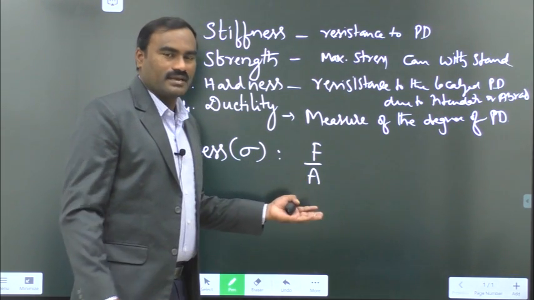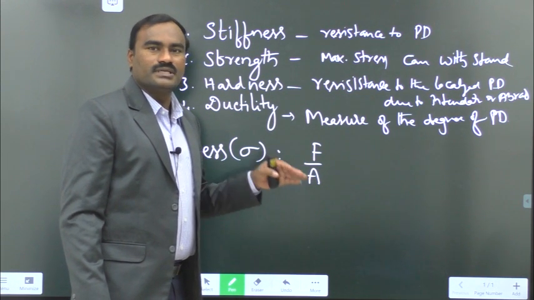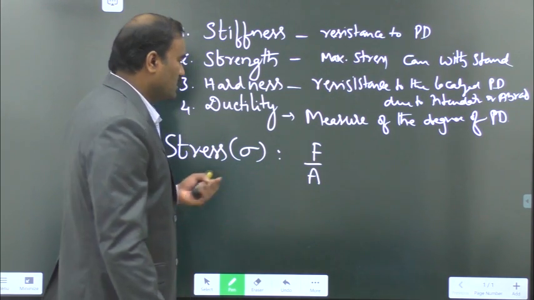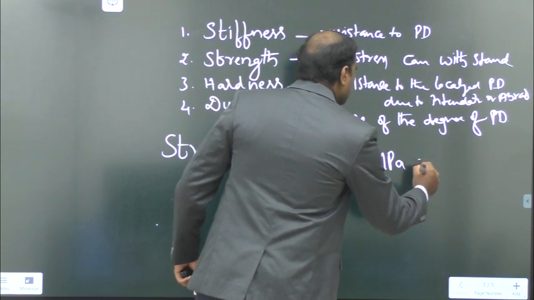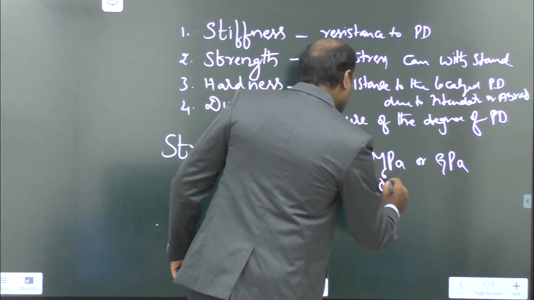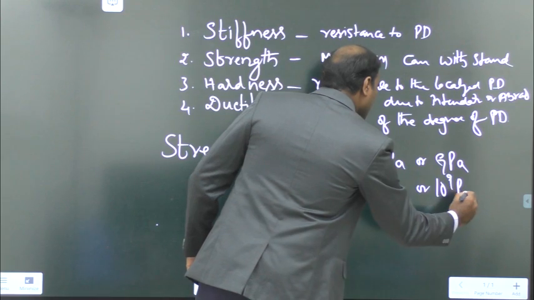The amount of force applied per unit cross sectional area is known as stress. The units are megapascal or gigapascal. Mega means 10 power 6 Pascal, giga means 10 power 9 Pascal.